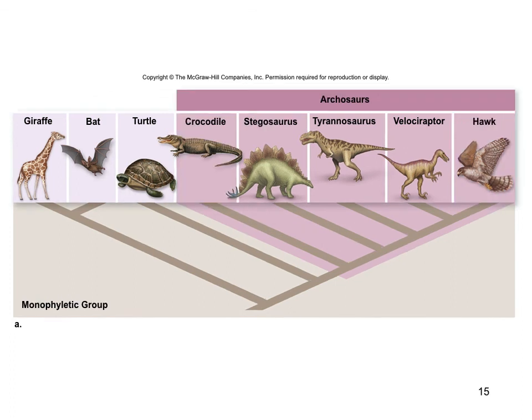So a monophyletic group would be the archosaurs, which includes all the dinosaurs, but it also includes some living organisms like crocodiles and hawks. And they all share a bunch of features like hollow bones, four chambered heart, high metabolism, parental care. Okay, and there are no other organisms that aren't included within this clade. And so it shows us a nice evolutionary relationship, and this would be an ideal way to classify organisms.